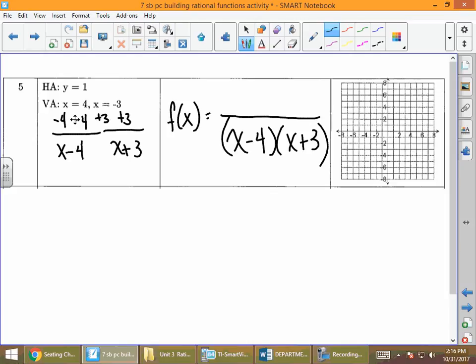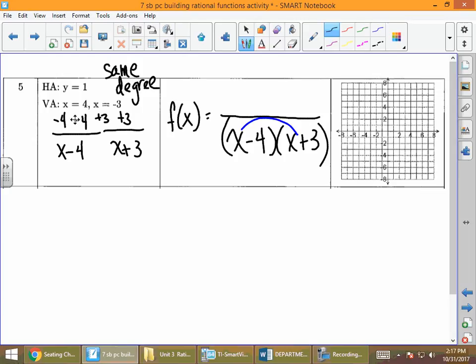So what we first need to figure out is that we're working with a same degree. Again, that's the middle column of our chart. So we need to have the same degree on the top of this fraction as we have in the bottom. Well, what is the degree of the denominator, the bottom of this fraction? And if you think about it, if we multiply these out, we'd get x times x, which is x squared.